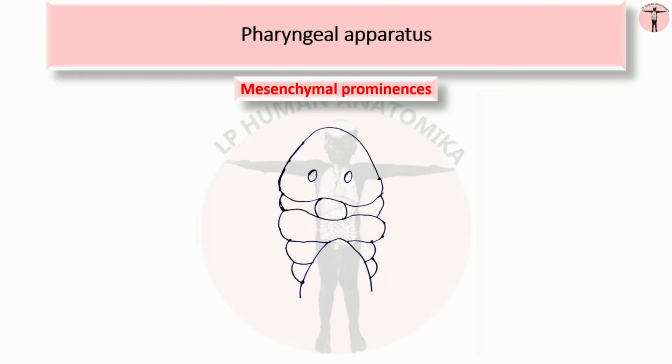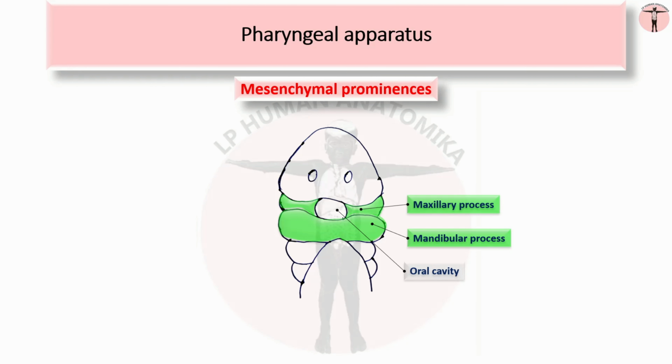By 42 days, 5 mesenchymal prominences can be recognized in the embryo. The ventral portion of the first pharyngeal arch, the mandibular prominences, lies caudal to the stomodeum, which develops into the oral cavity.